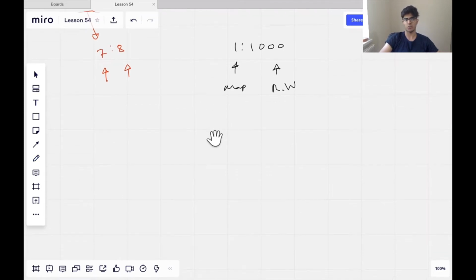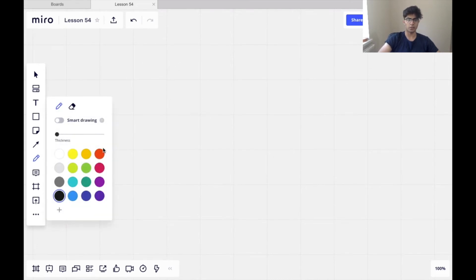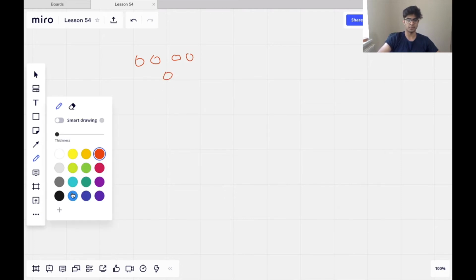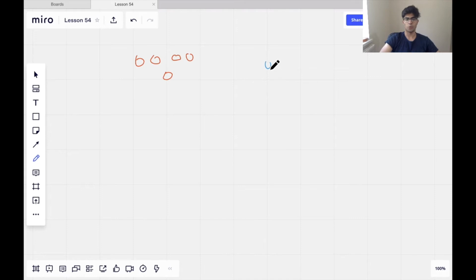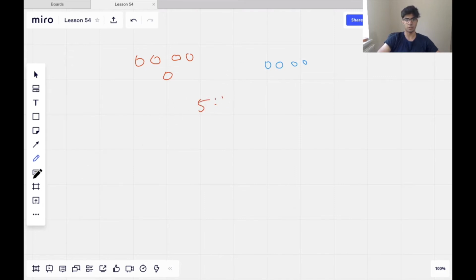Say we have 5 red balls, 1, 2, 3, 4, 5, and 4 blue balls, and you're asked to express this as a ratio. You'd give this as a ratio of 5 to 4.